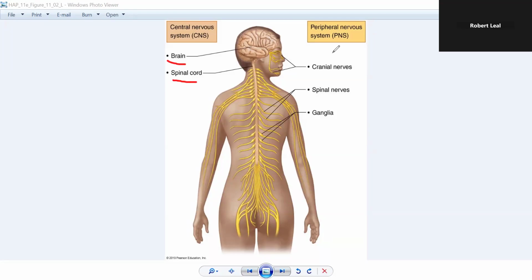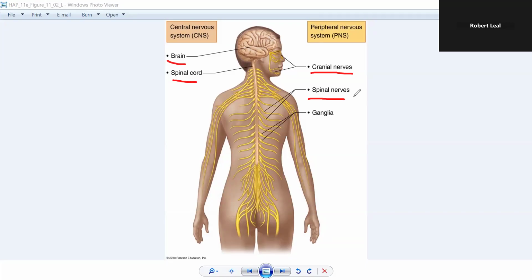The peripheral nervous system consists of nerves, which are axons wrapped with connective tissue, sending signals up to the brain for sensory, as well as communicating to targets away from the brain. So you have 12 pair of cranial nerves that communicate to targets in the head, as well as receive sensory from the head. And then you have 31 pair of spinal nerves that serve the rest of the body so that you can receive sensory from the periphery of the body, anything away from the head, and also communicate to targets in the periphery of the body.